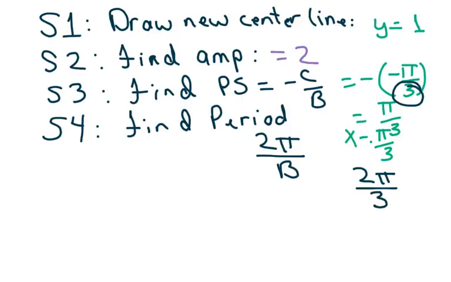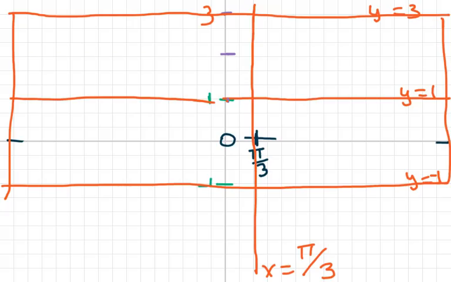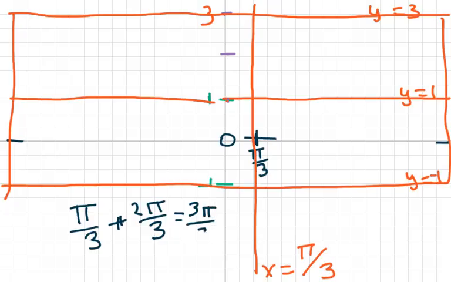That means I'm starting at pi over 3, and I'm going to add 2 pi over 3. That means I'm ending at 3 pi over 3, which is pi.